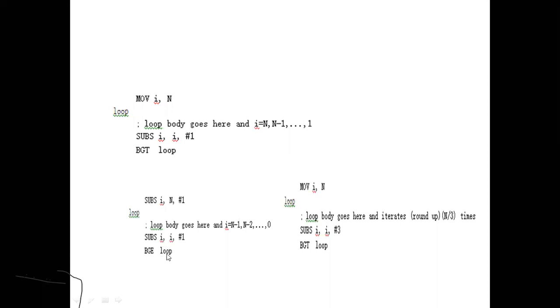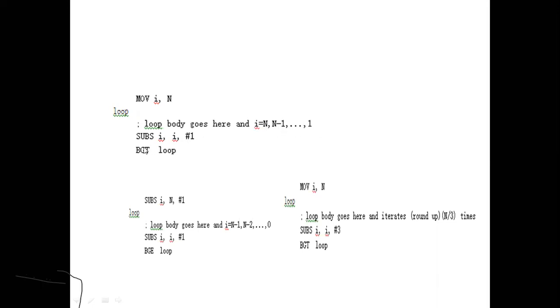If it is greater than or equal to 0, loop it back. It starts from n, so n minus 1, n minus 2, up to 0.